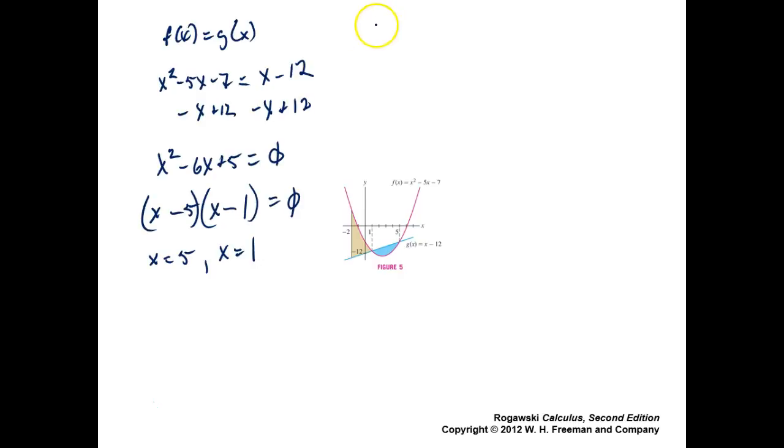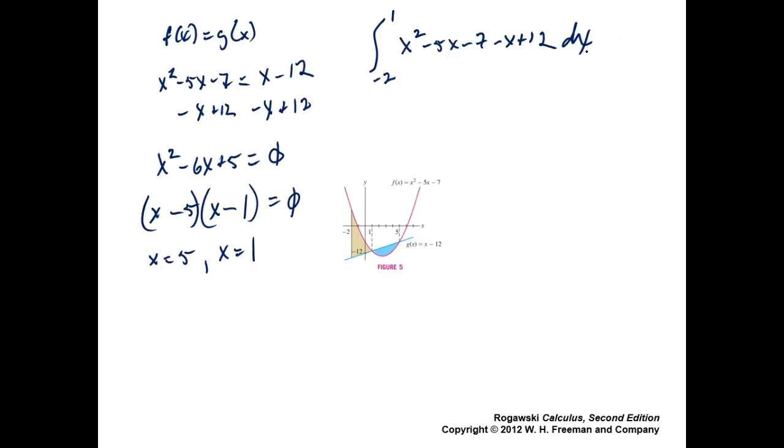So our integral would then be the integral from minus 2 to 1 of f minus g, and that would be x squared minus 5x minus 7, and after a while I think you can do this, minus x plus 12, right? dx.